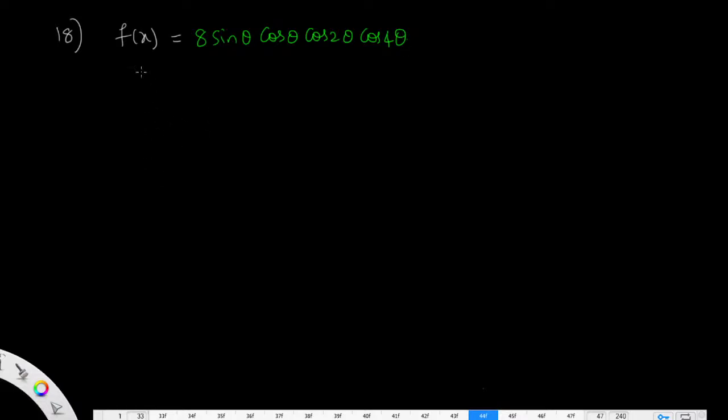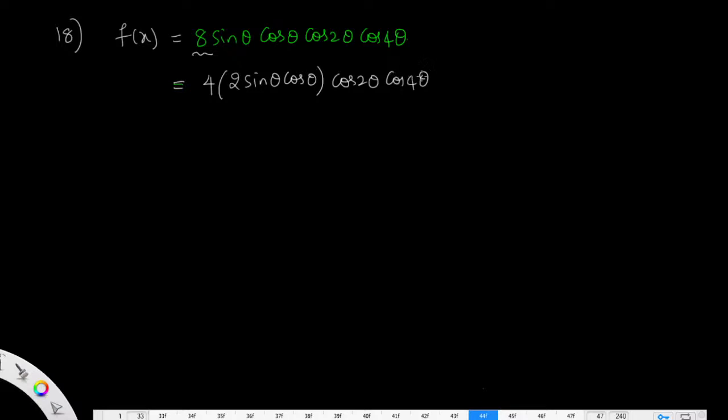The basic formula you know: 8 can be split for our convenience as 4 into 2 sin theta cos theta, with cos 2 theta and cos 4 theta.